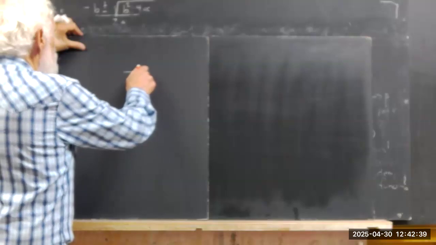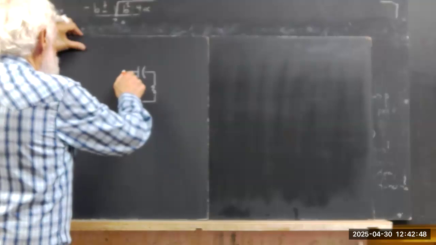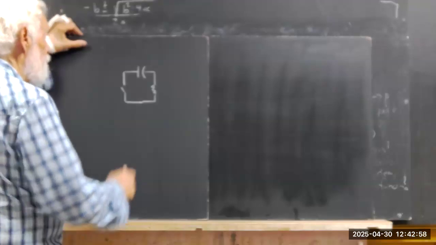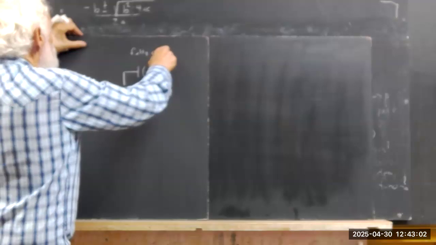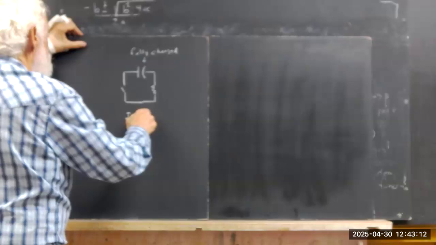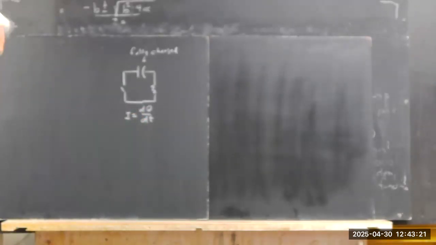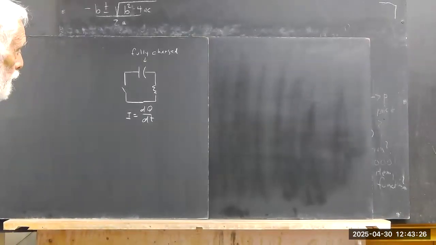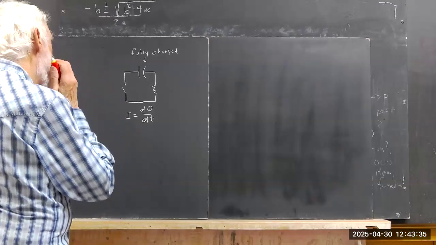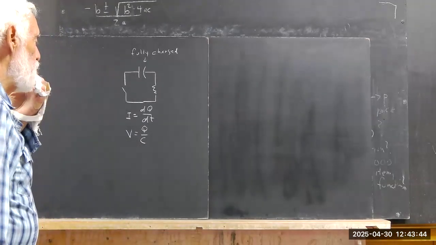If you have a fully charged capacitor and no source, then your current is going to equal dq/dt, and your voltage is going to equal Q over C.